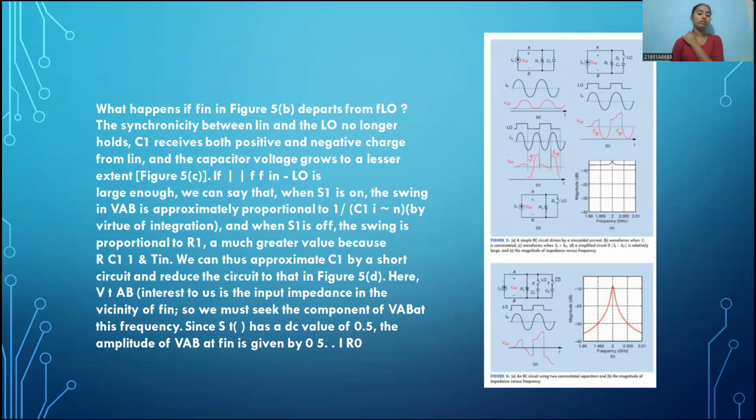We can thus approximate C1 by a short circuit and reduce the circuit to that in Figure 5d. Here VAB is proportional to R1 Iin, so we must seek the component of VAB at this frequency. Since S1 has a DC value of 0.5, the amplitude of VAB at fin is given by 0.5 Iin R1.